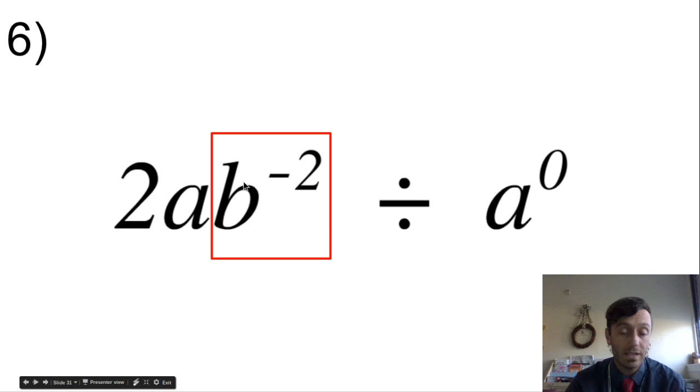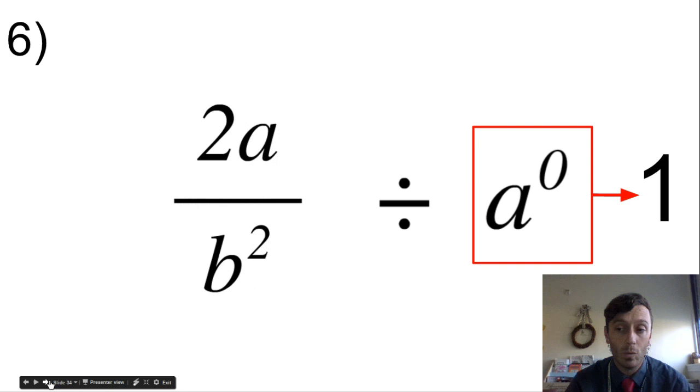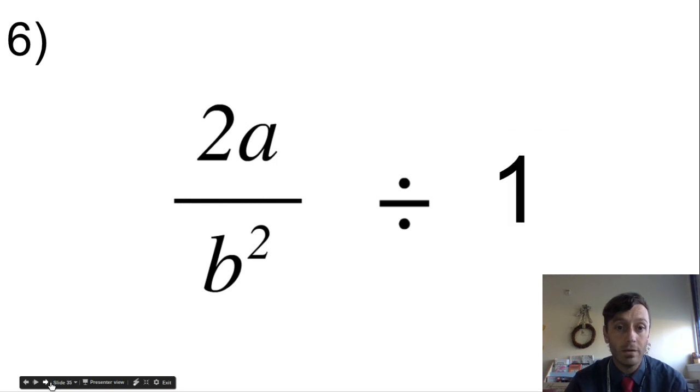First of all, let's take care of that negative exponent. B to the negative 2 becomes 1 over b squared, which is now 2a over b squared divided by a to the 0. Now, if you remember your 0 exponent rule, anything raised to the 0 power is 1. Anything times 1 is just itself, so our answer becomes 2a over b squared.